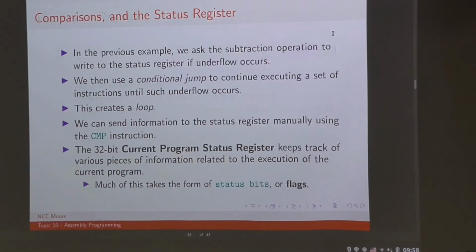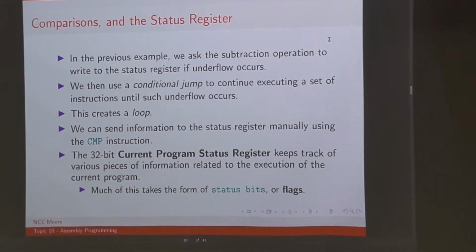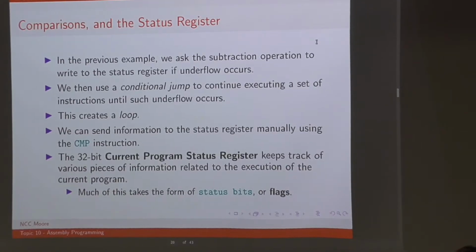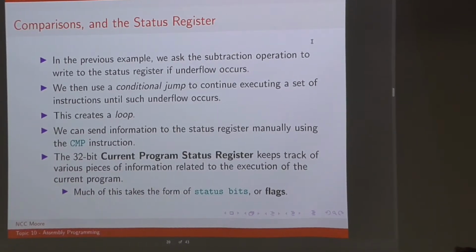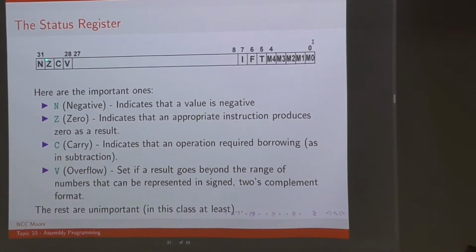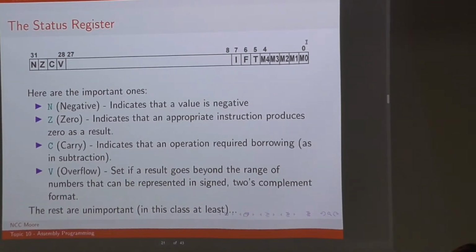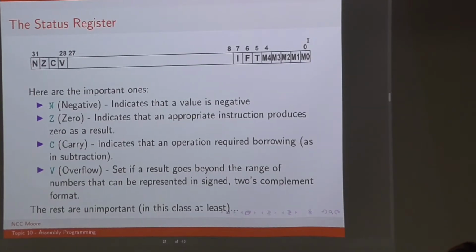So, all right. I think the textbook that I was using to put these together is wrong, because it's not testing for underflow at all. It's just setting Z if the result is 0, which makes a lot more sense.